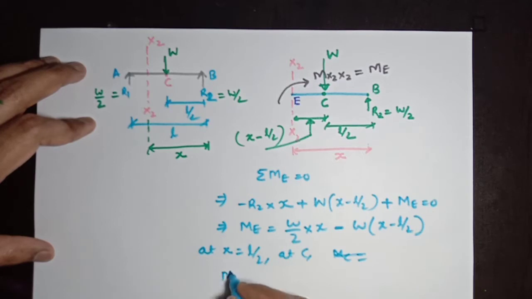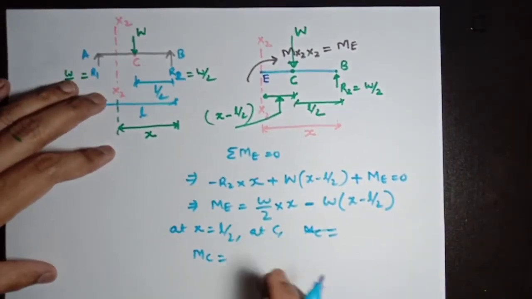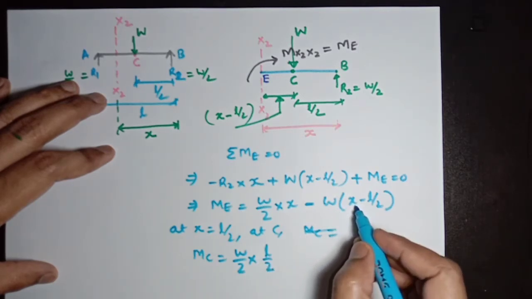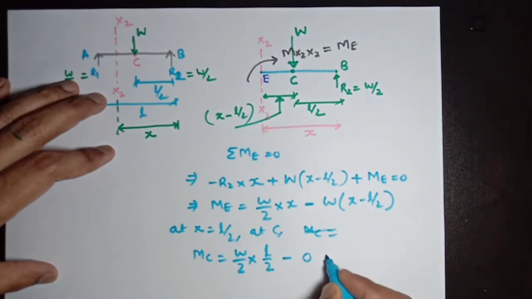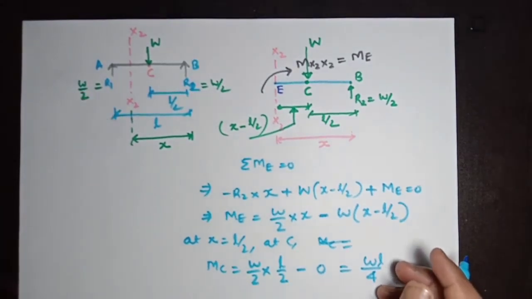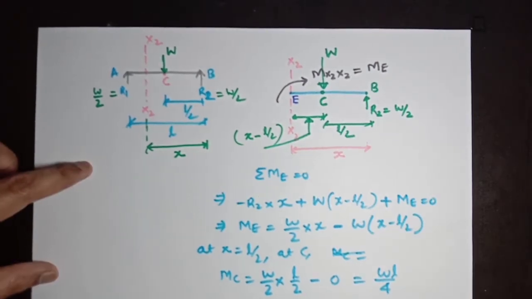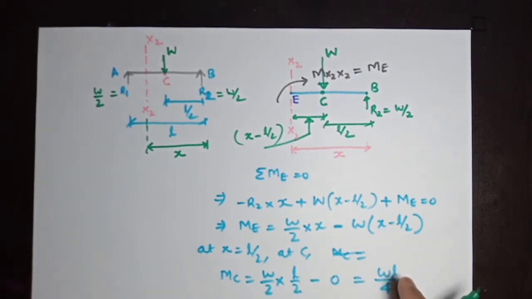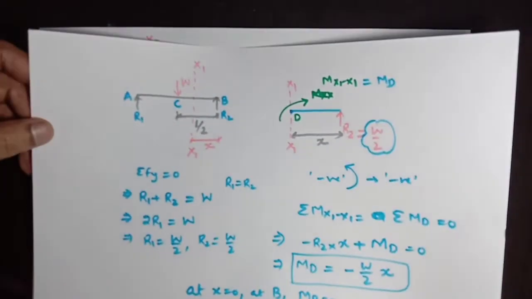So here MC will be W by 2 into L by 2, and here putting L by 2 it will be 0, minus 0, so the overall value will be WL divided by 4. So here the bending moment at C will be WL by 4.